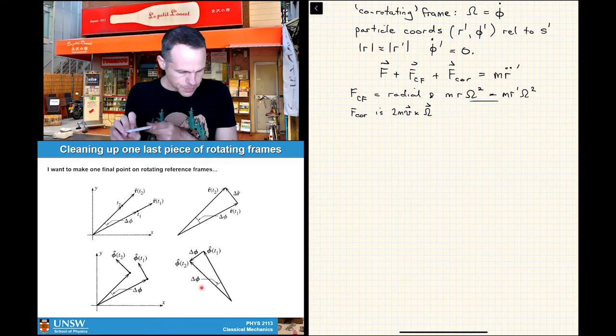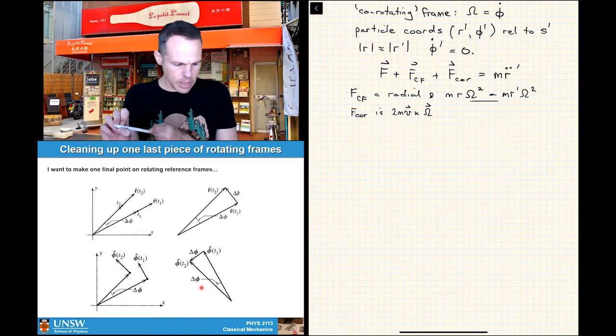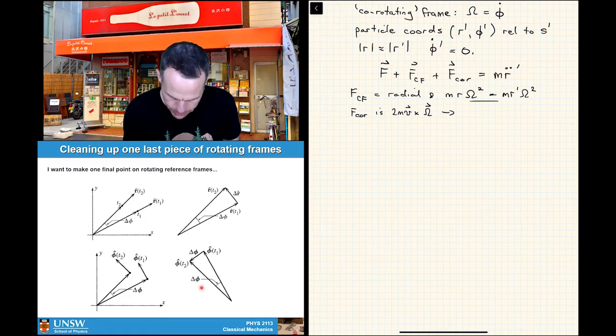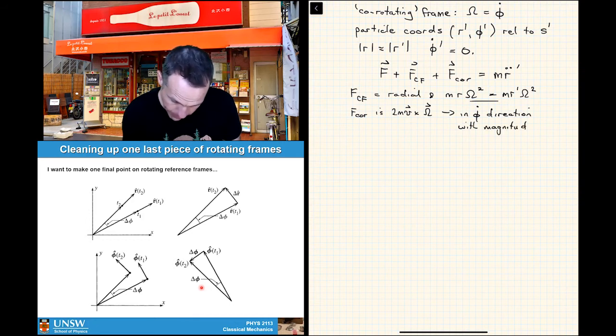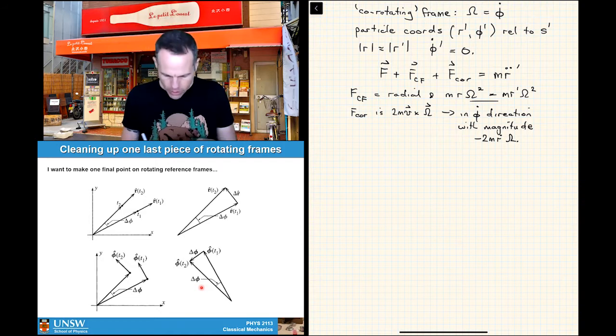So the Coriolis force is going to be in the phi dash direction with a magnitude minus 2mr dot omega, okay? You might want to stop here and just think your way through this for a second.